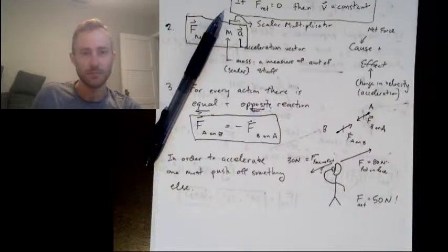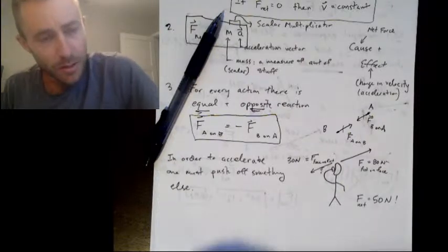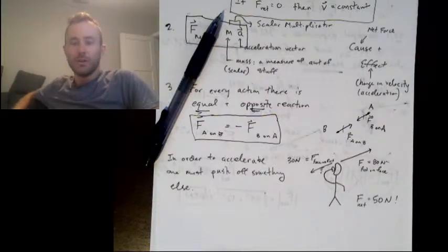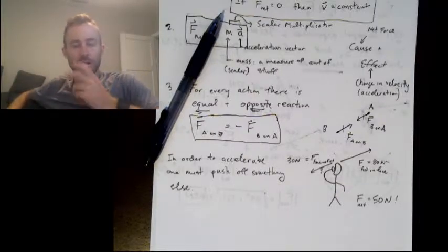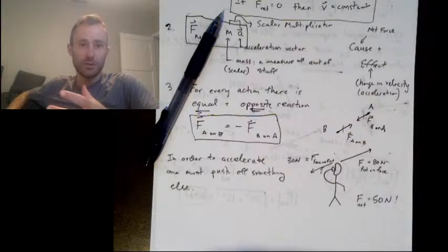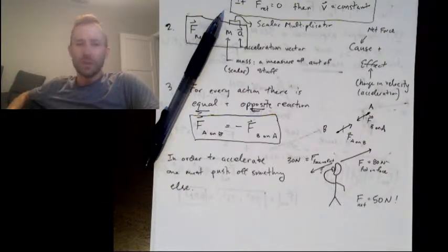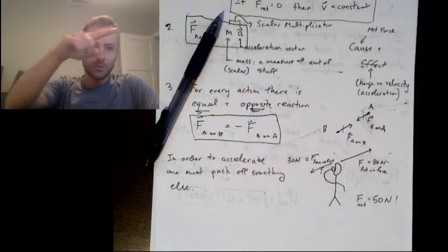Okay? So a rocket pushes off of its exhaust in order to accelerate and change its velocity. Now, the bummer is that once you run out of reaction mass, once you run out of fuel, you can no longer accelerate and your velocity will just remain constant.